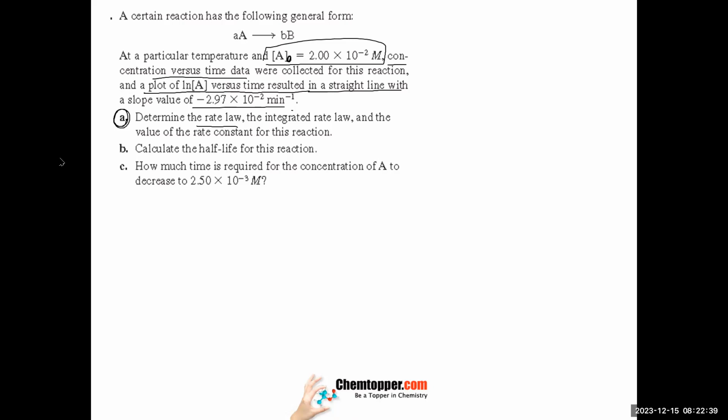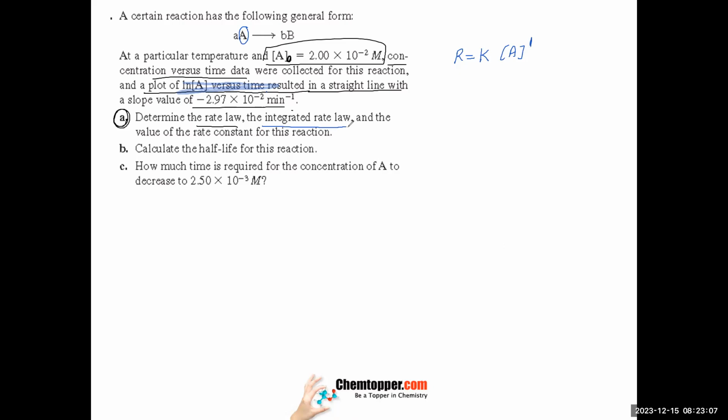How did I know that it is first order kinetics? Because they have given me a hint here: ln A versus t is a straight line. So it means the rate law is rate equals k times, rate laws are always in terms of the reactant, concentration of A raised to power 1. That's the rate law.